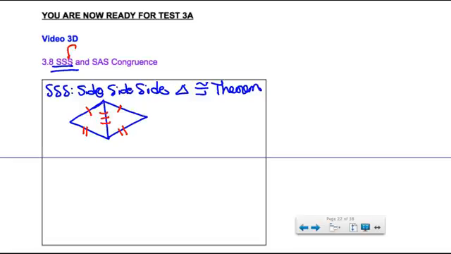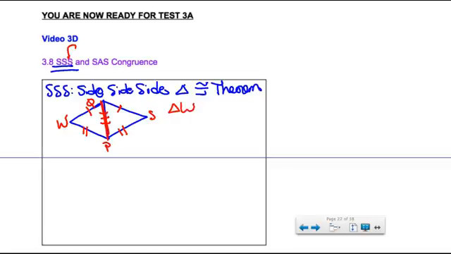So my brain can add that to the picture without it having to be specifically marked. That's actually a theorem called the reflexive property. It says that if you share an angle or share a side, it's obviously got to be congruent to itself. It's kind of silly, but it is. And so I would say that these triangles are congruent by side, side, side. If it said, how do I know? Two sides are marked, and the third one is shared.